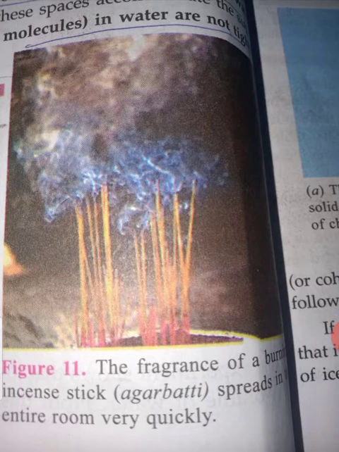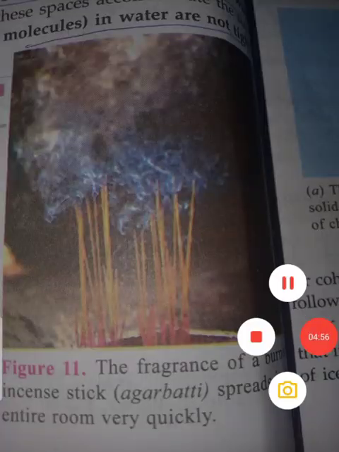If, however, the particles of gases produced by the burning incense stick and the particles of air were not moving, then the fragrance could not spread in the whole room quickly. So, the observation that the fragrance of a burning incense stick spreads in the entire room very quickly tells us that the particles of matter are constantly moving.